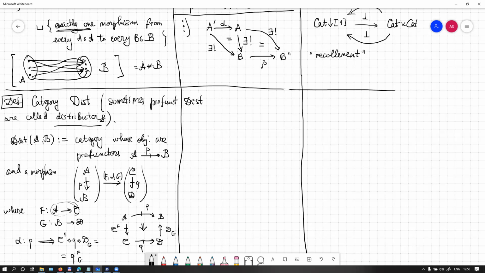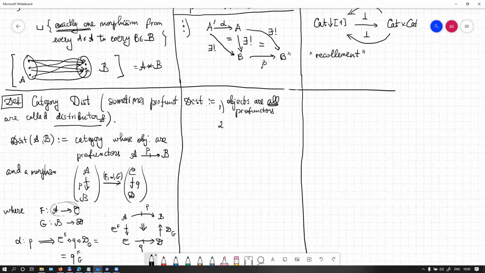So the objects are all profunctors. It doesn't matter where they start and end.